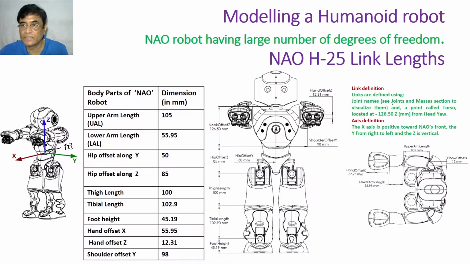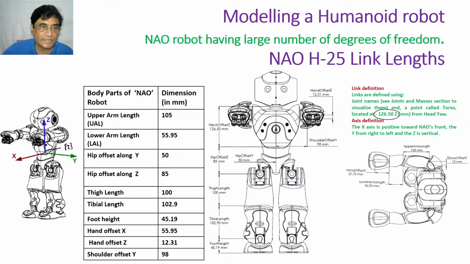Joint names: a point called torso is located at minus 126.5 millimeter in z from head yaw. So you should be able to understand what it means. It is minus 126.5 millimeter, z means along the z direction, in the minus z direction from head yaw.